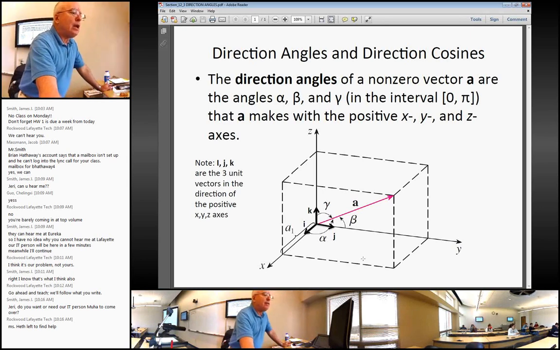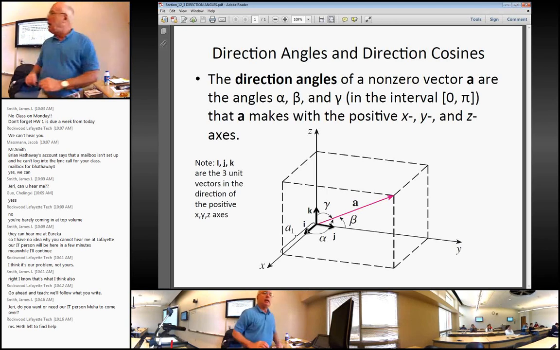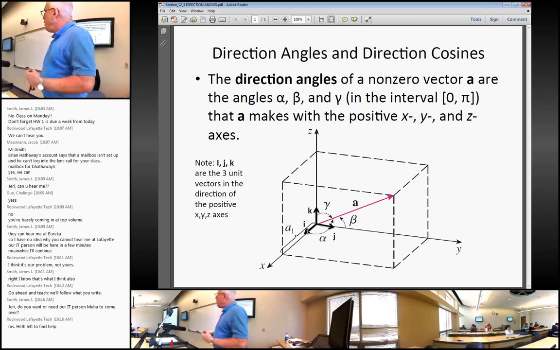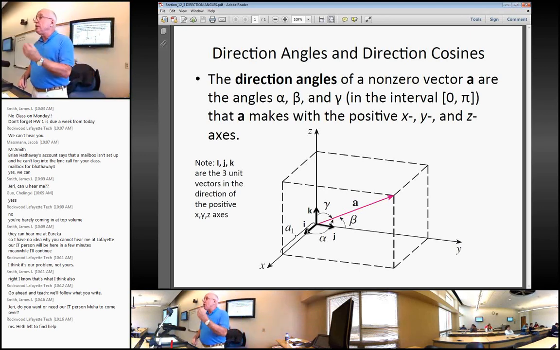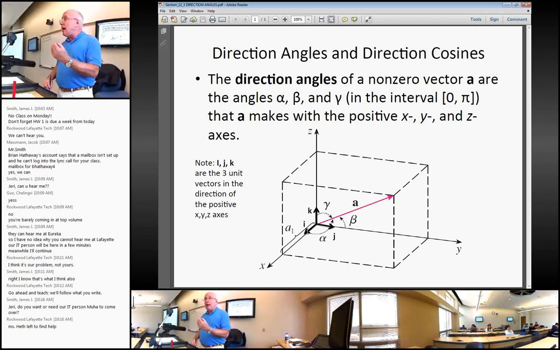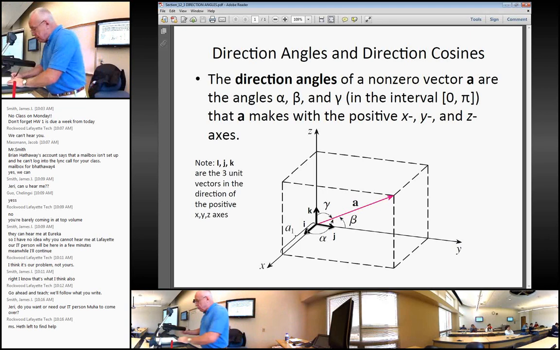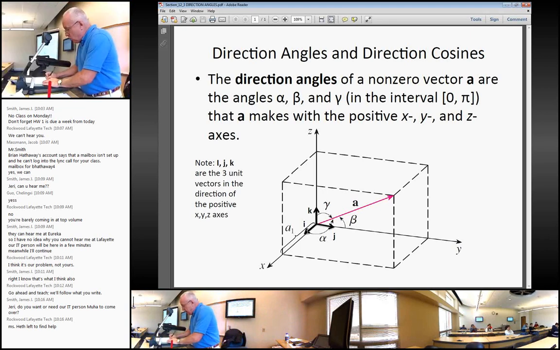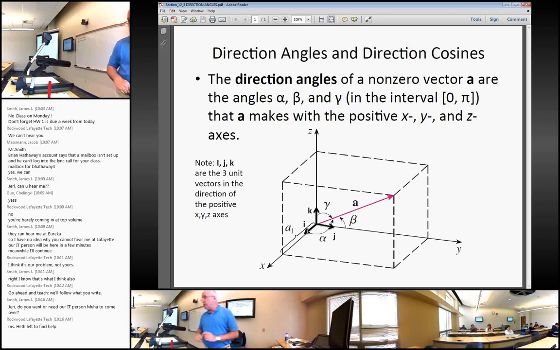What I'm putting here is an overlay. This is the positive x direction. This dark arrow is basically our unit vector i, because i is equal to 1, 0, 0, where that's the x component.